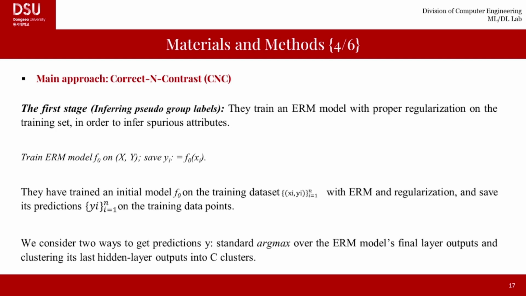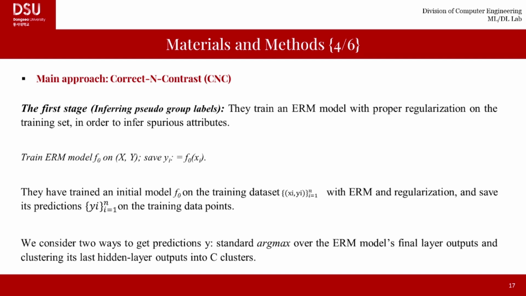So we can see the first stage. They call the first stage inferring the group labels. They train the ERM model with proper regularization on the training set in order to infer the spurious attribute. So we see the ERM model as f naught and X, Y as the training dataset, and they have trained the initial model f naught on the training dataset of x_i and y_i.